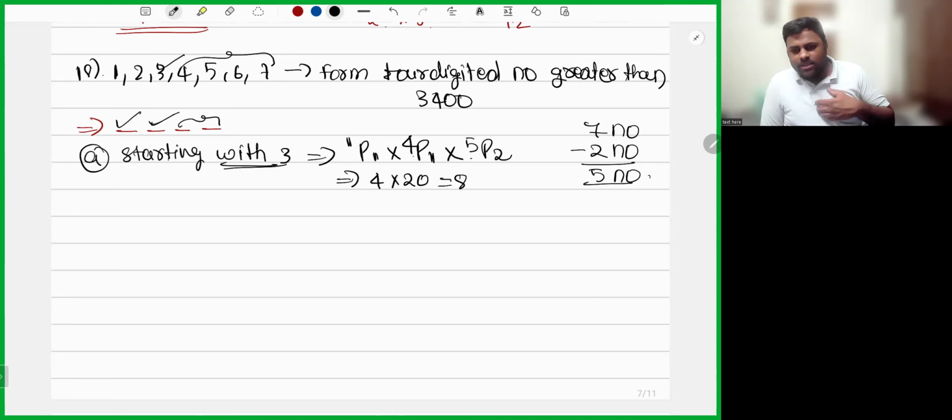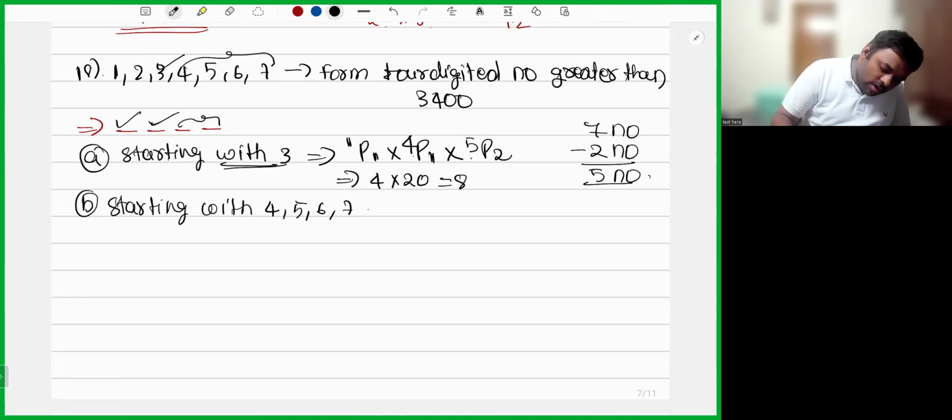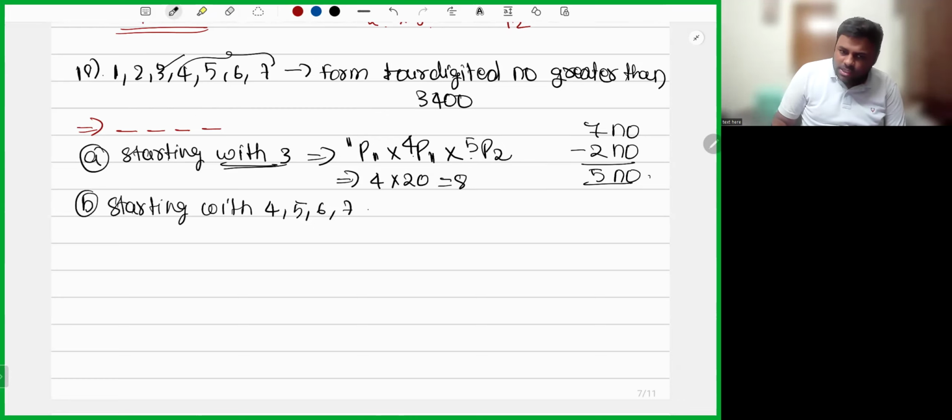See, this problem arises only when it is starting with 3. If it is starting with 4, 5, 6, 7, this type of issue will not occur, because 4000, 5000, 6000, 7000 are always greater than 3400. From 4, 5, 6, 7, any one number can be placed here, 4P1.